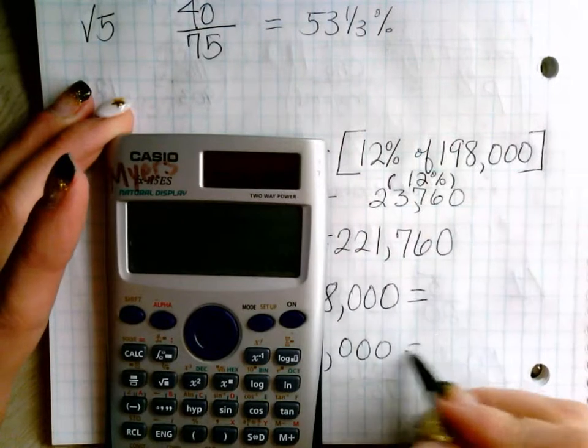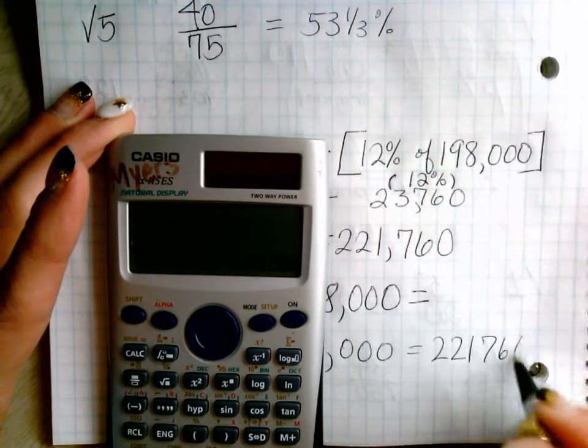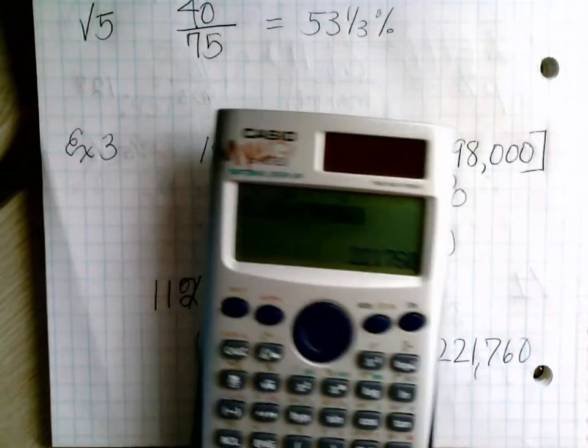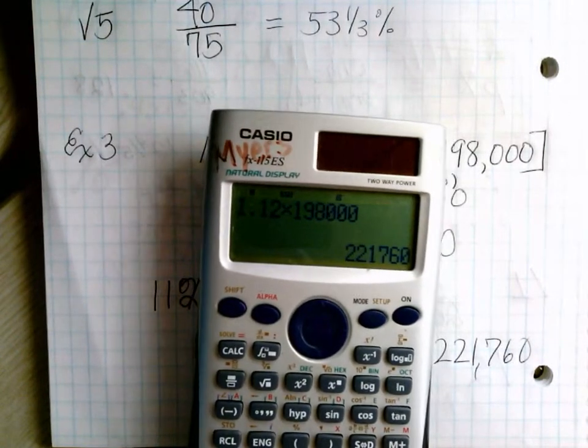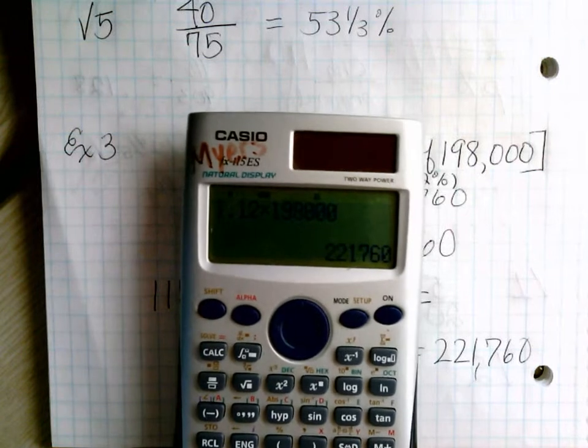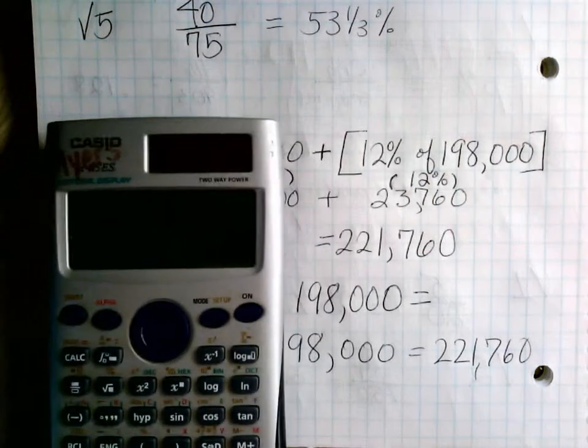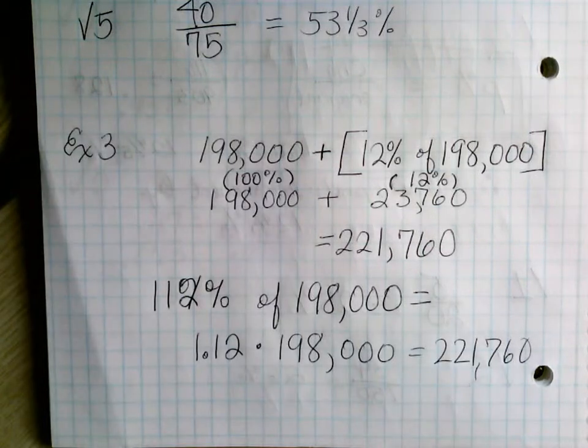Look at that, 221,760. So I took what I had, added 12% to it, so I have 112% now. Solved it for the value, came up with the identical amount. Use it, don't use it, no big deal.